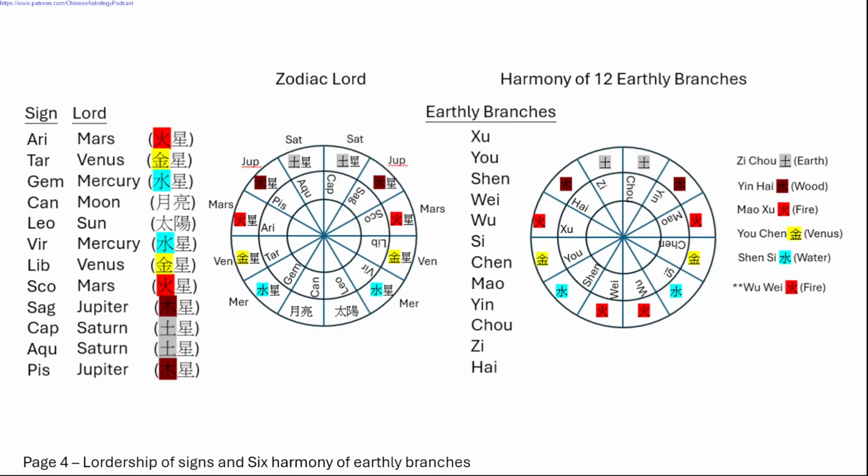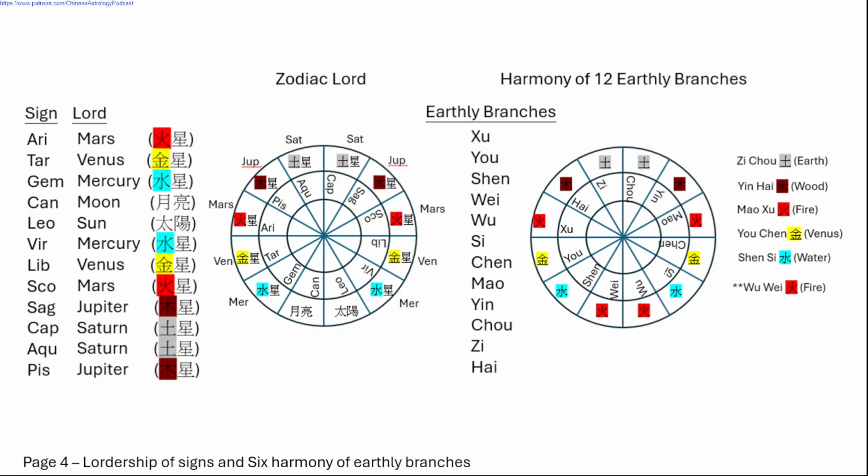The Wuxing elements are known as water, metal, fire, wood, and earth, which in Chinese are water, 水, related to Mercury as 水星, metal, 金, related to Venus as 金星, fire, 火, related to Mars as 火星, wood, 木, related to Jupiter as 木星, earth, 土, related to Saturn as 土星.